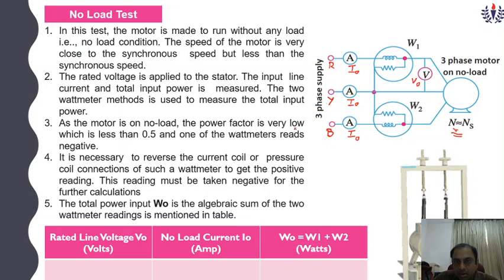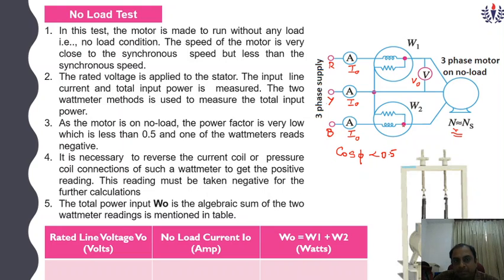As the motor is on no load, the power factor is very low, which is less than 0.5. That is, cos phi is less than 0.5. If it is less than 0.5, one wattmeter will read a negative value.